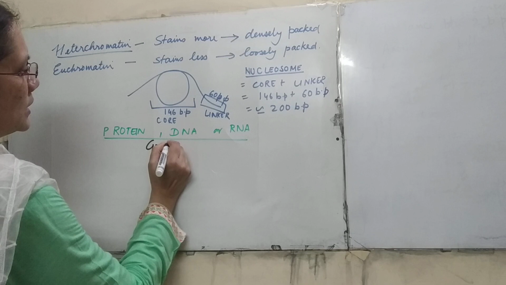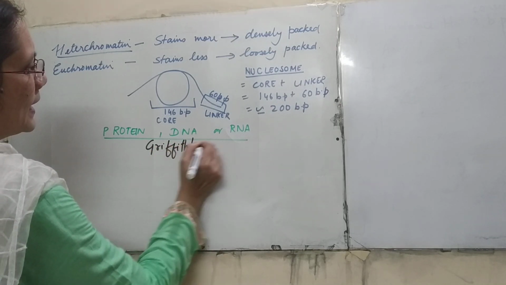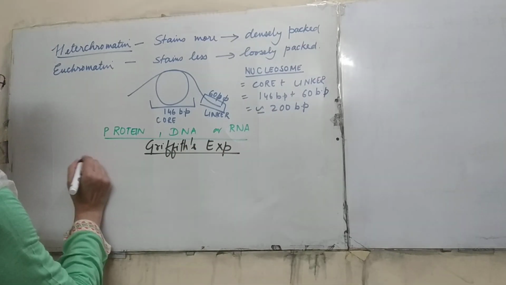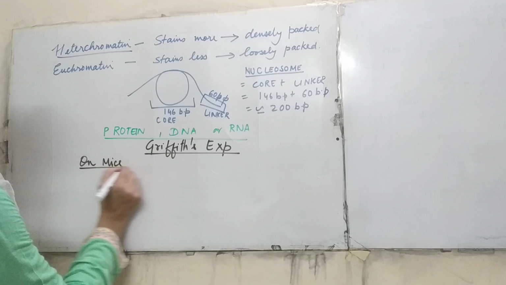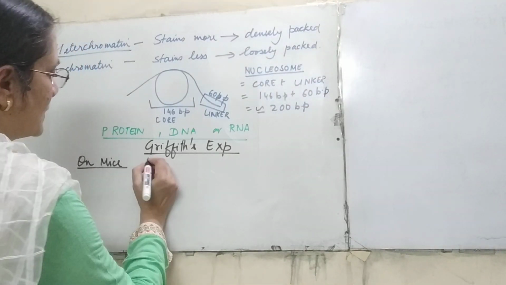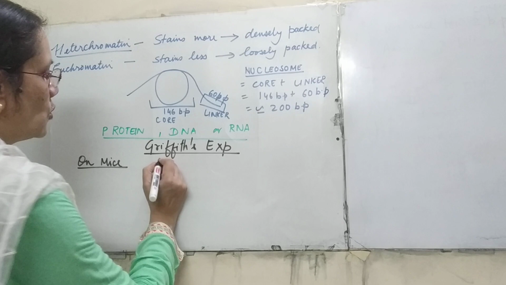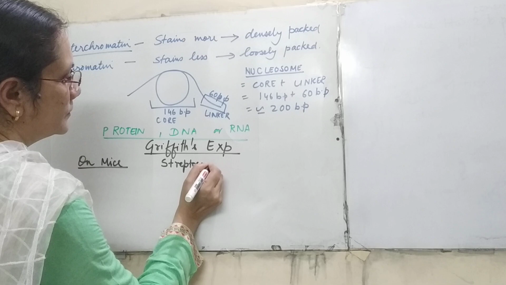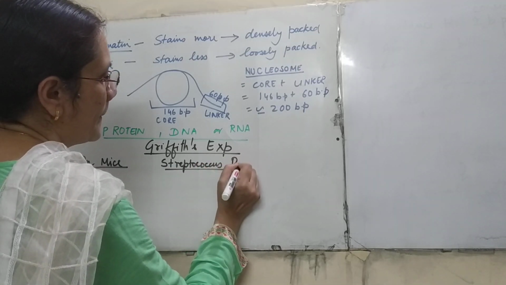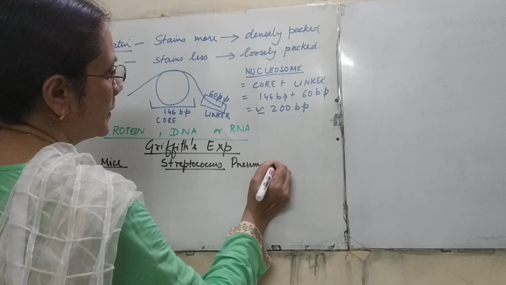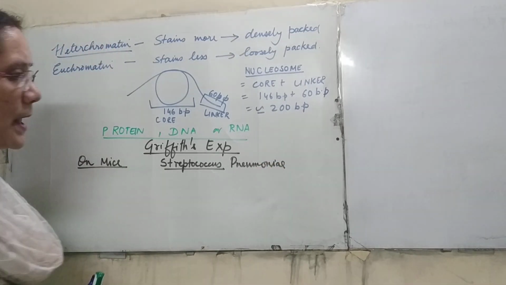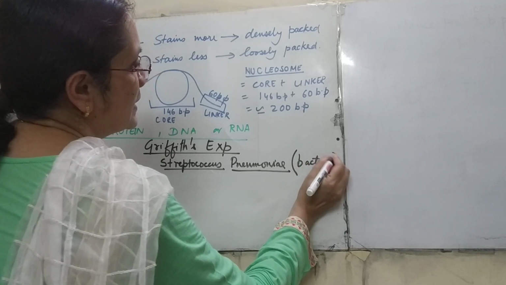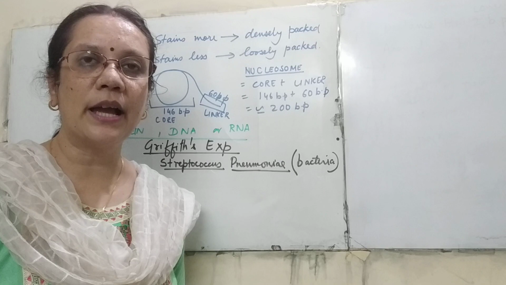So we are talking about Griffith's experiment on mice, and the microorganism that he used was Streptococcus pneumoniae. This is a bacteria, responsible for causing pneumonia in the mice.